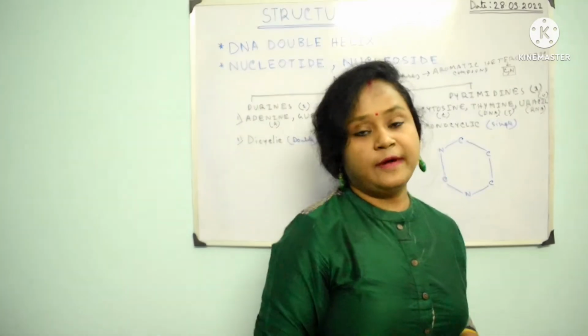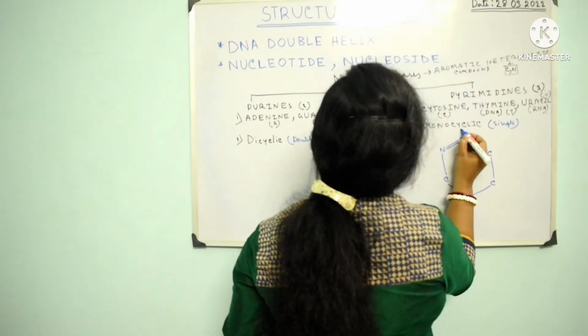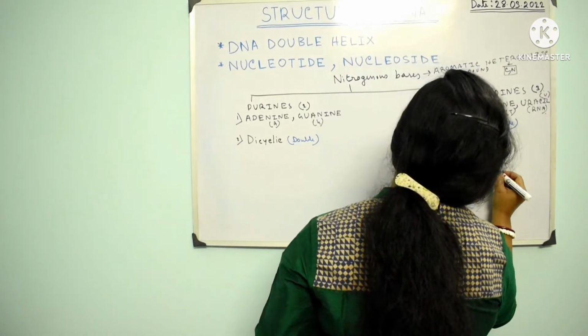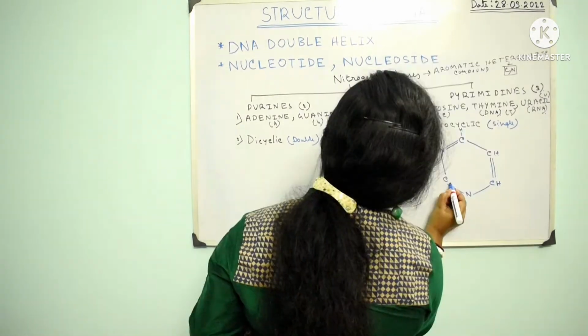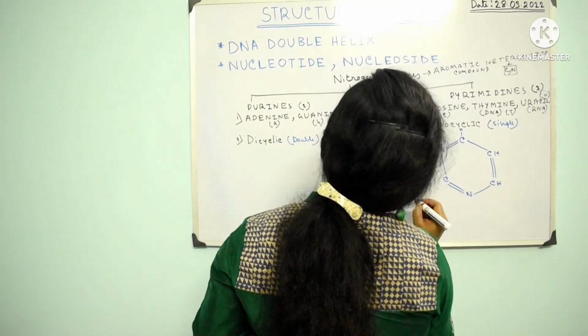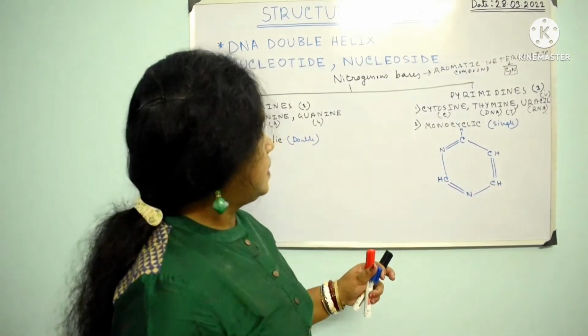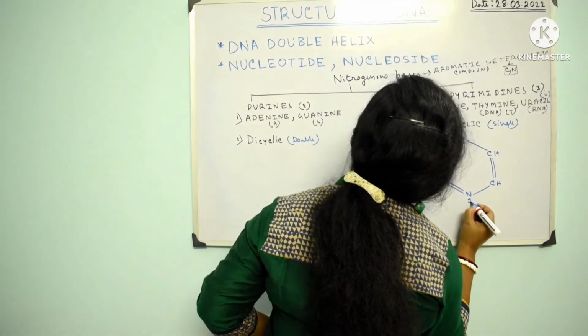As we know, the valency of carbon is 4. Now let's balance this. Mind that this one is number 1, N1.